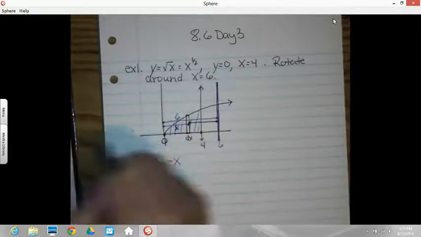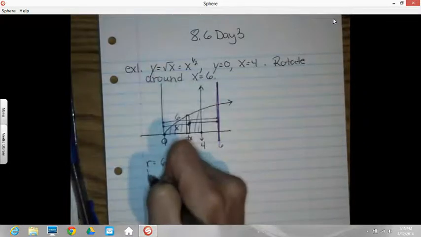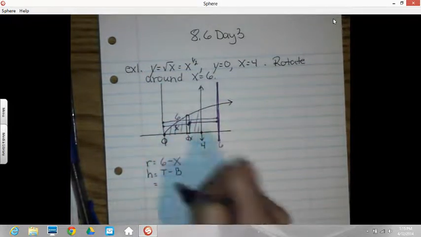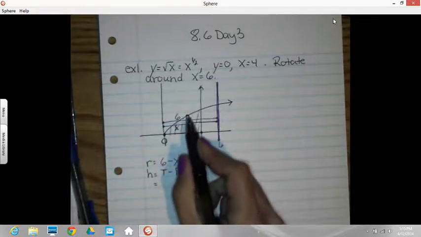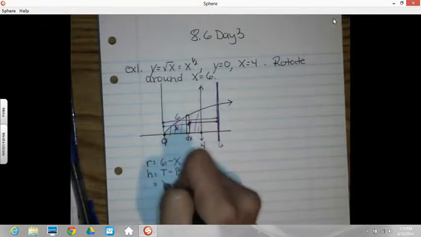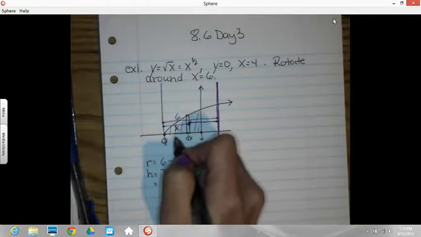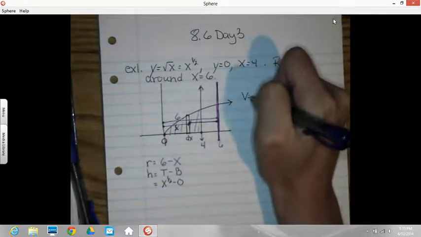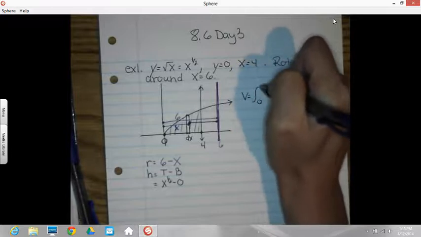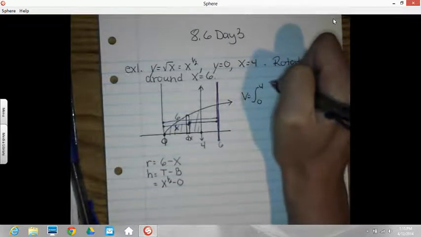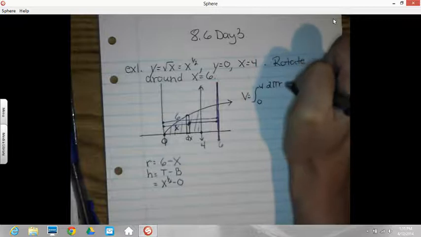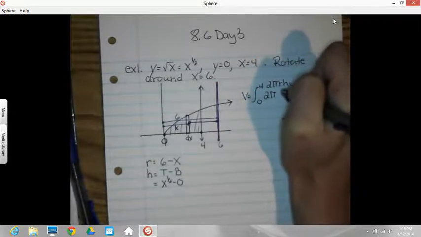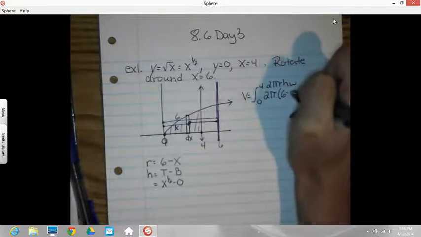So now my height is top minus bottom. And I want to be in x's. My top is the function, x to the 1/2. My bottom is 0. And now I'm ready for my volume equation. So it's 0 to 4. The shell formula, 2 pi RHW. 2 pi r, we figured out, was 6 minus x.